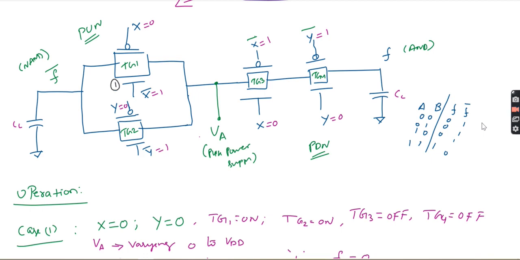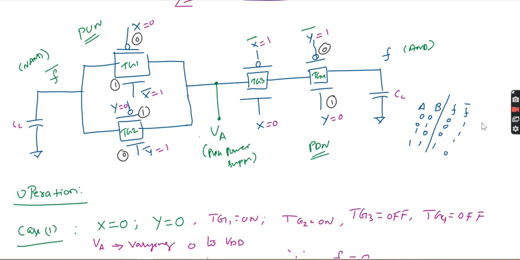X is equal to 0 only, so this will remain the same. Then y is equal to 1, so this will be 1 and this will be 0. Then x is equal to 0, x bar will be 1 only, and y is equal to 1, so this is 1 and this will be 0.